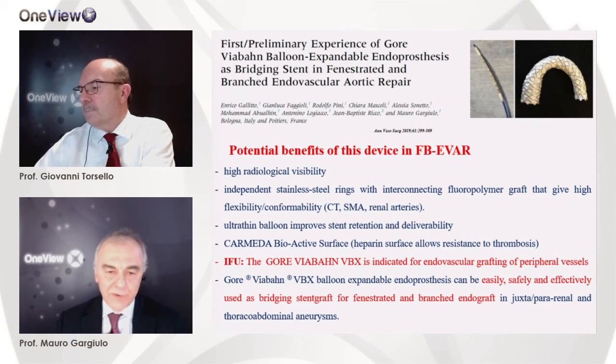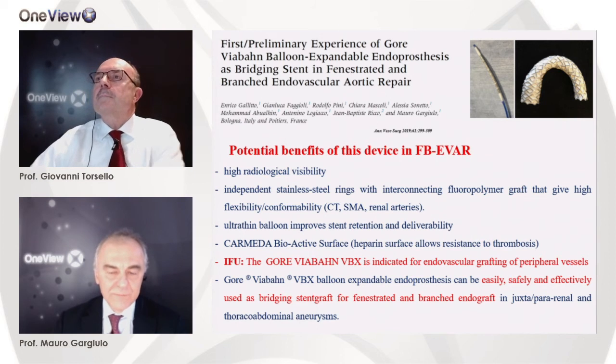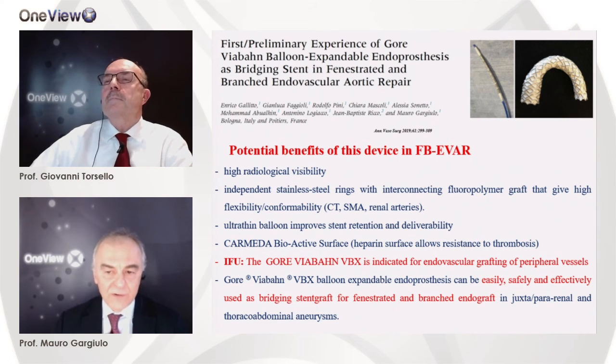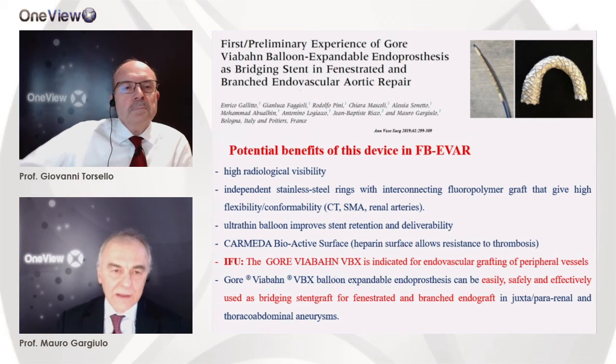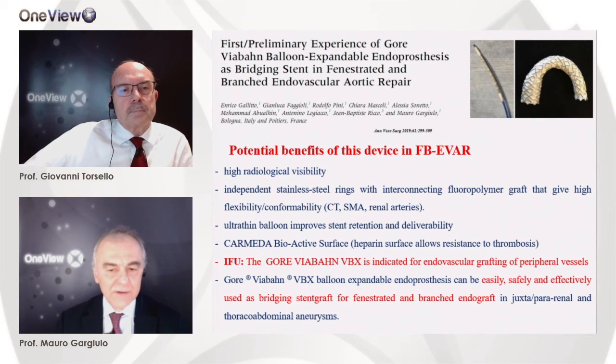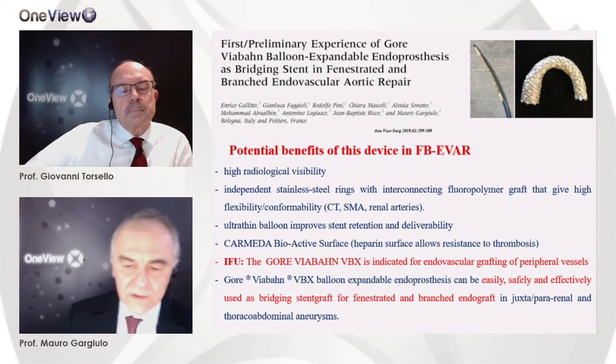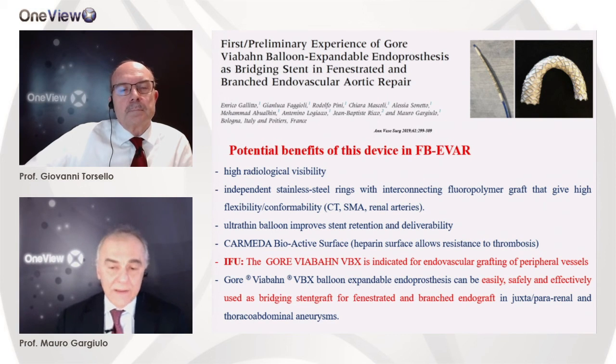I think it's important to stress that the Gore VIABAHN VBX is indicated for endovascular grafting of peripheral vessels. Then, according to these aspects, we think we can use this endograft for fenestrated branch endografts.